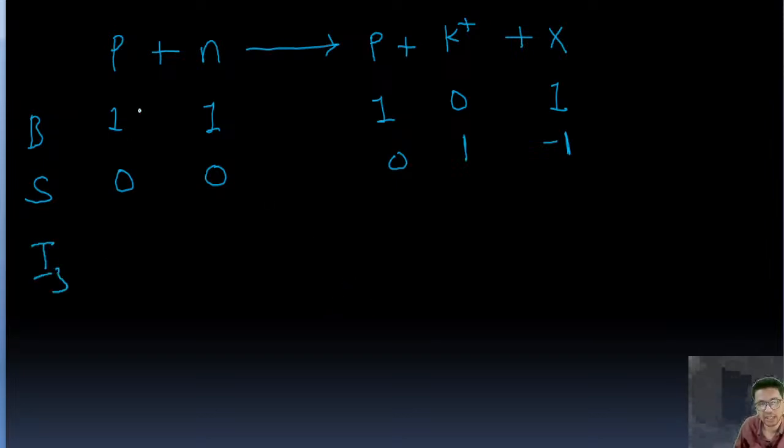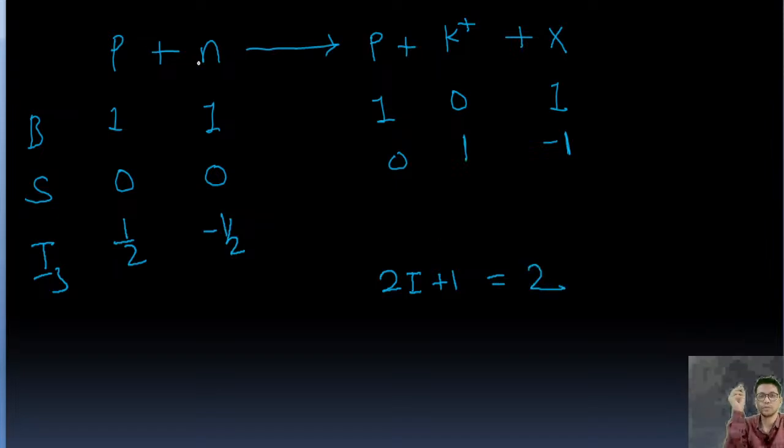I3 component for proton is half and for neutron is -half. Because we know 2I plus 1 equals 2, as there are two particles, proton and neutron, the two nucleons.